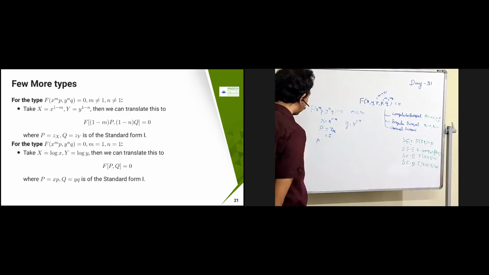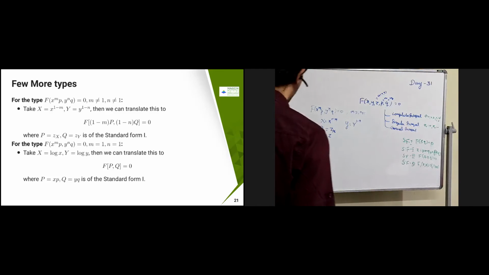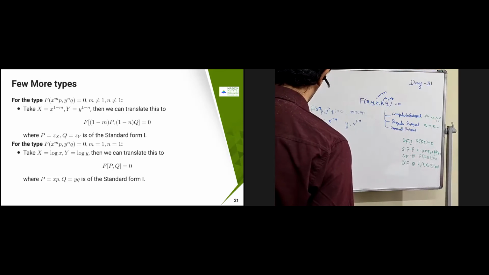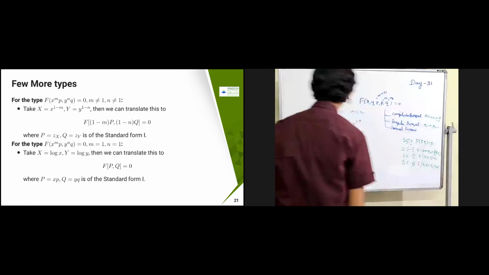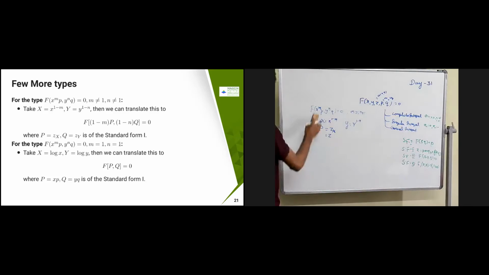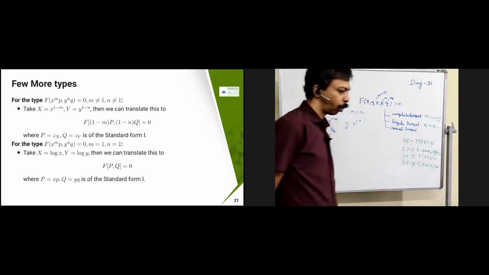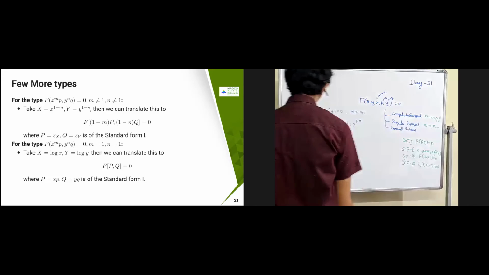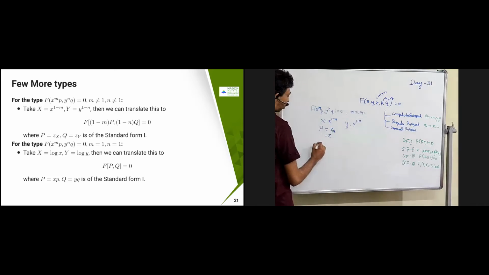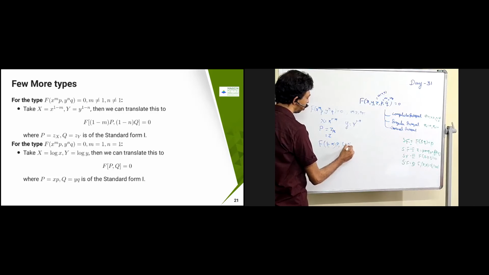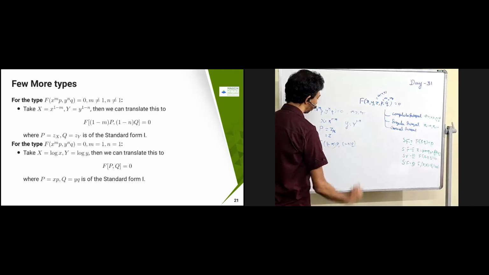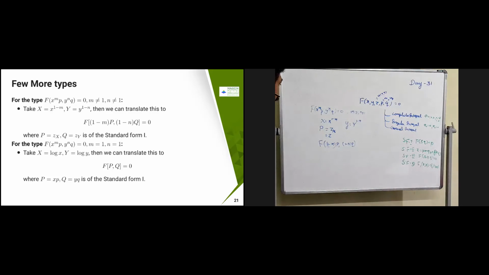Now, if I substitute over here, I'm going to get f of the transformed quantities, (1 minus m) into P, (1 minus n) into Q, equal to 0.